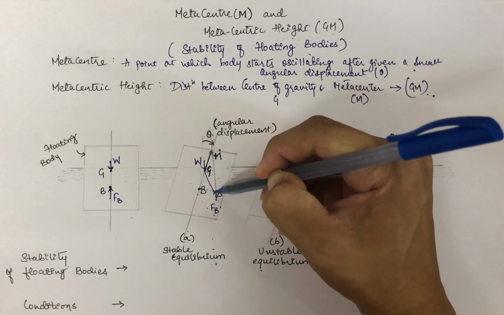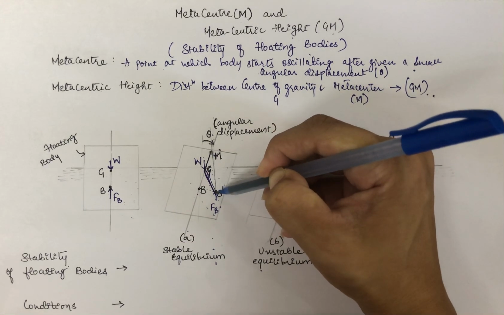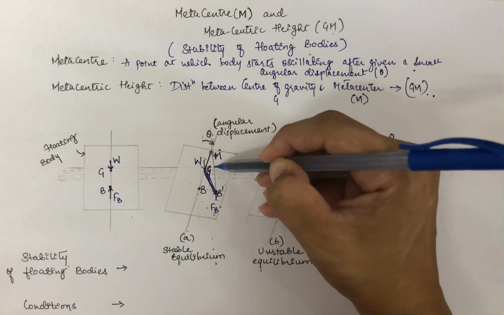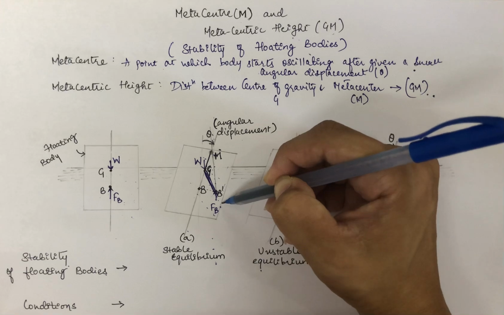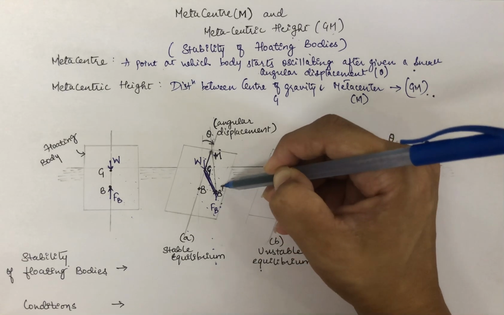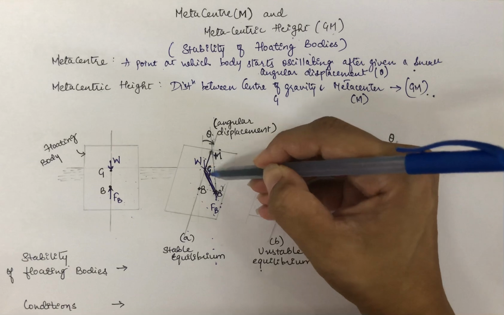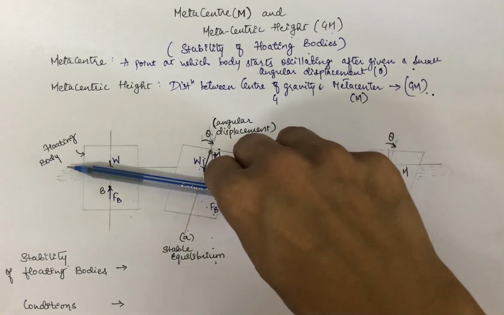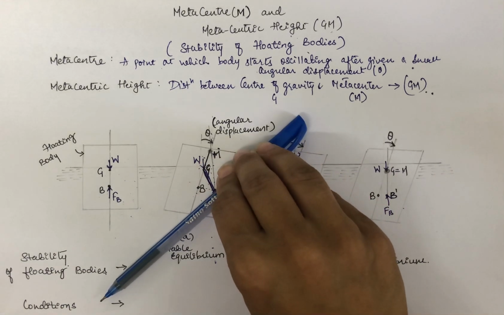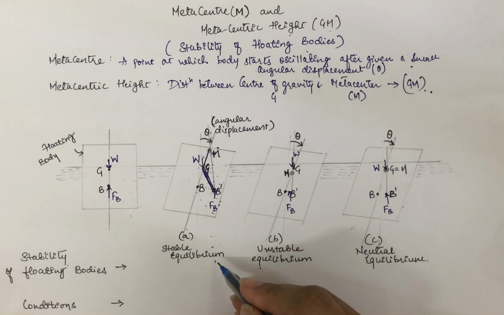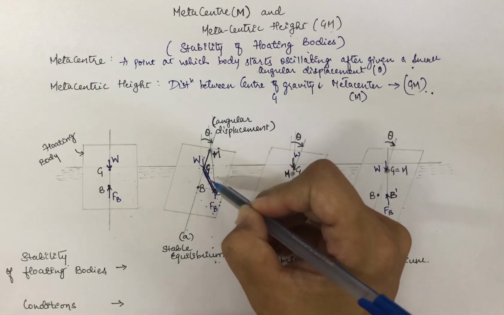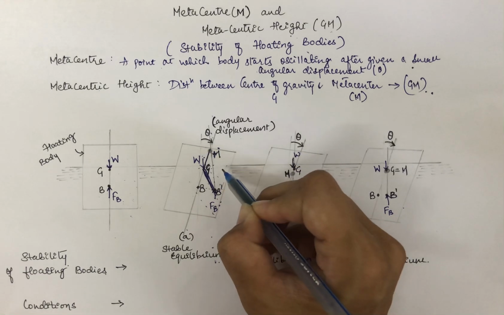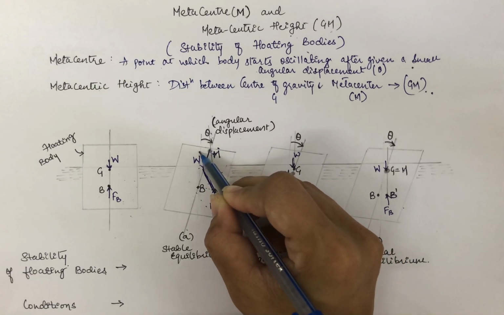So, if I draw a line like this, this is a couple force which is occurring between the weight W of the body in the downward direction and the force of buoyancy Fb in the upward direction. Now, this couple force will move like this, making the body stable again, and hence it is referred to as stable equilibrium. Okay, the couple force which is generated over here will move in the anti-clockwise direction and make the body stable again.